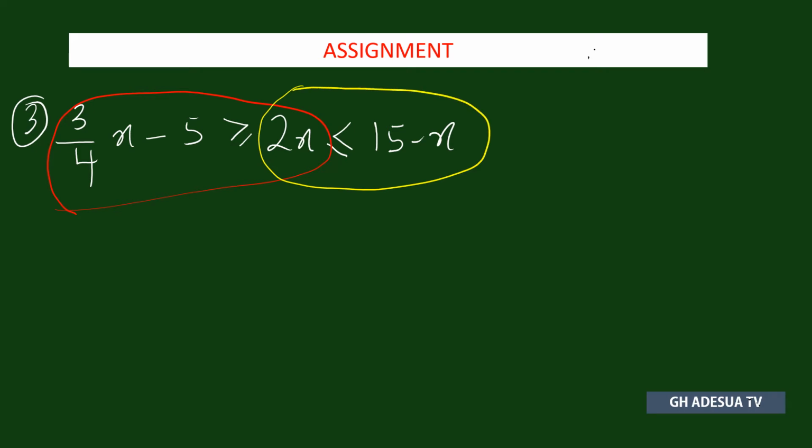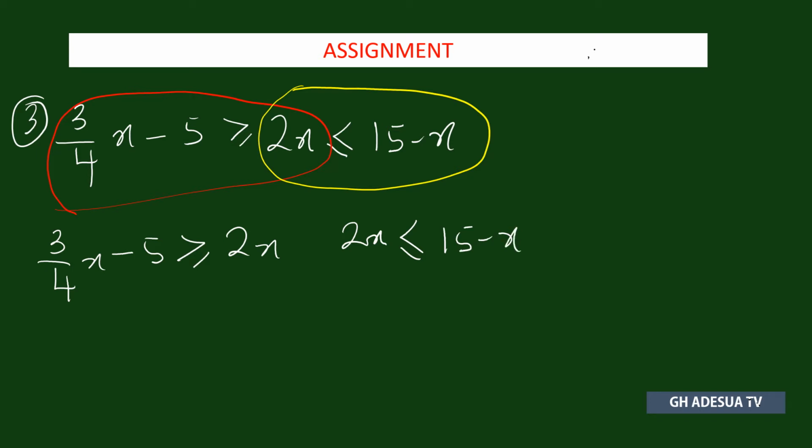So in effect, you have 3 over 4x minus 5 is greater or equal to 2x. That is one equation. Then you have another equation, 2x is less or equal to 15 minus x. Okay, so let's try and solve this left one. So realize that there's 3 over 4x.